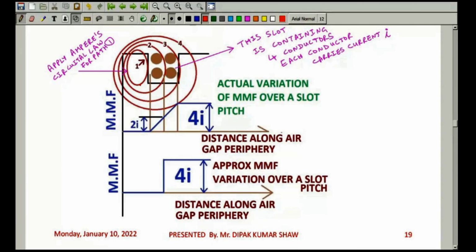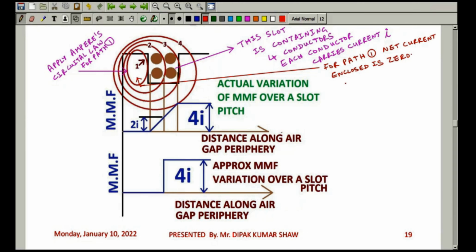So no M.M.F. For path number 1, net current enclosed is 0.